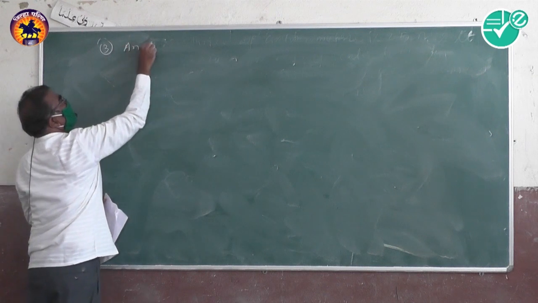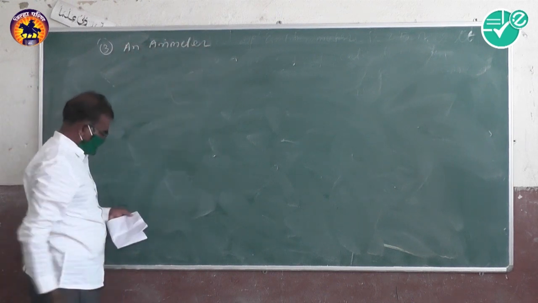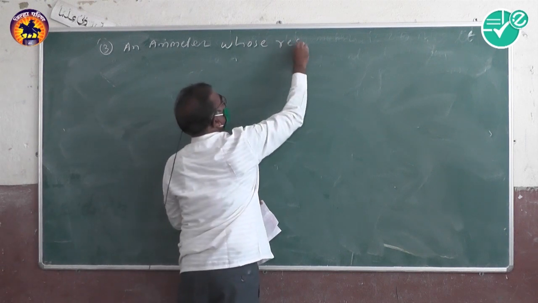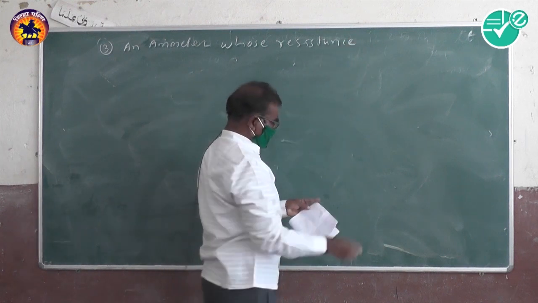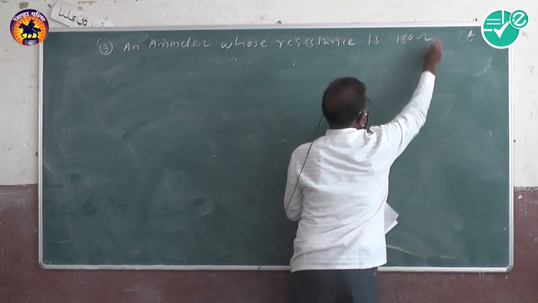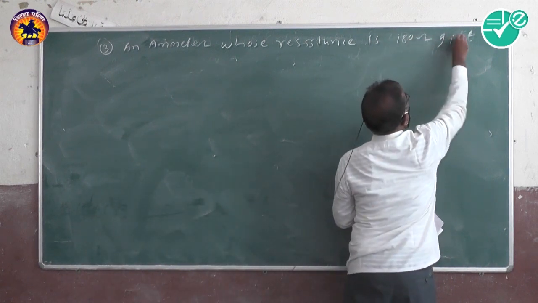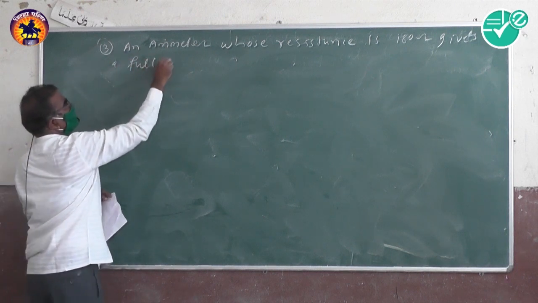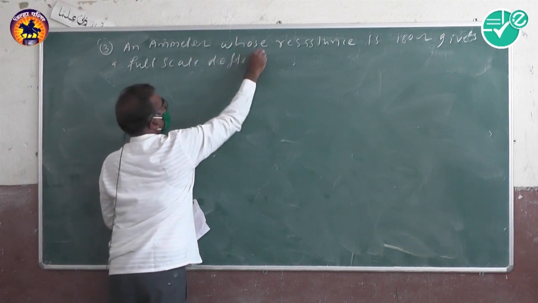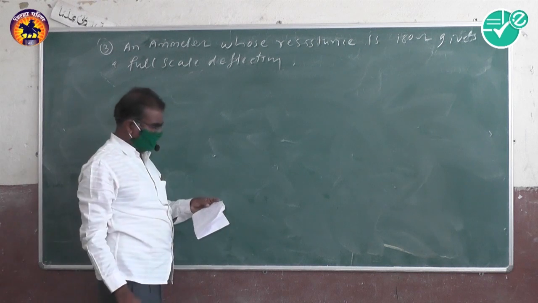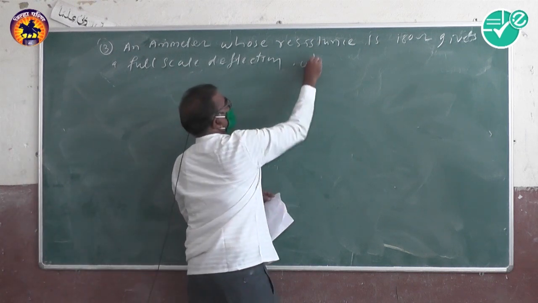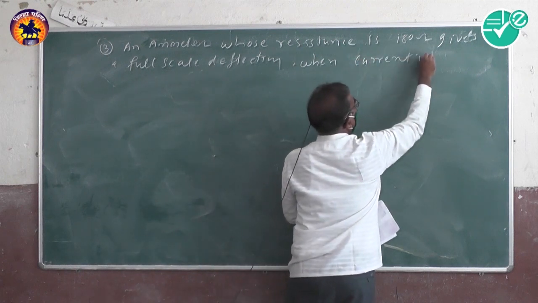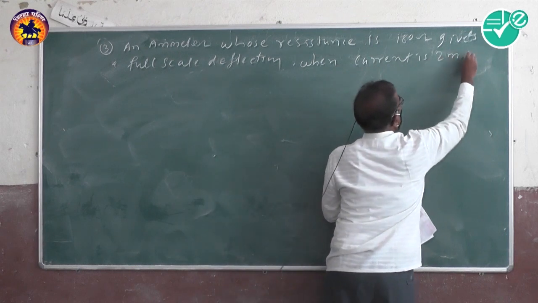An ammeter whose resistance is 180 ohm gives a full scale deflection when the current is 2 milliampere.